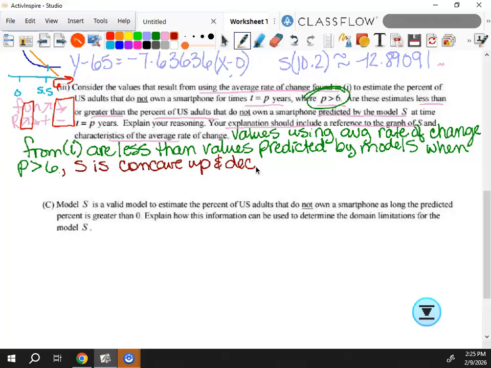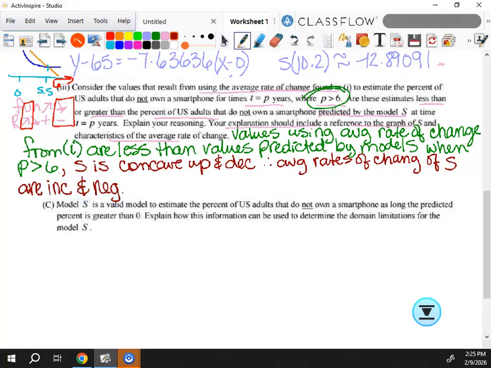I could, but I don't need to. So it's just that it always is. S is concave up and decreasing. Therefore, average rates of change of S are increasing and negative. All right, we good so far?